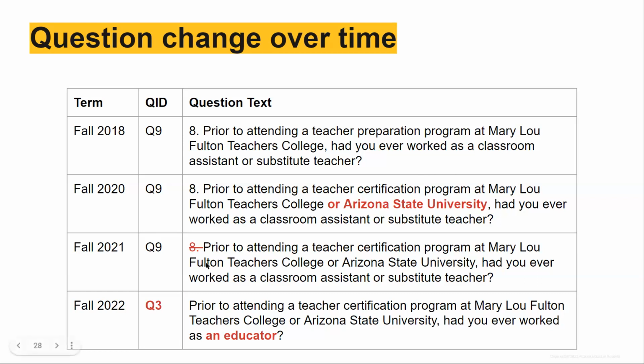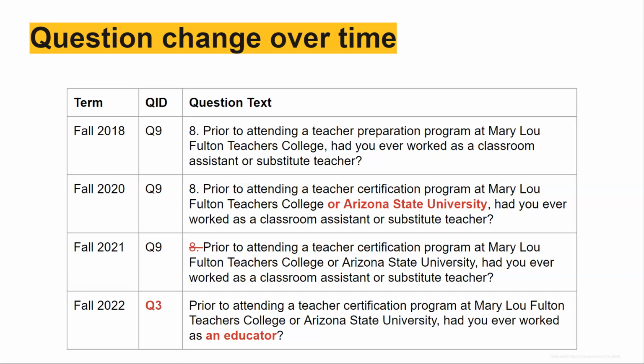And then a year later, they made a minor change, which is they stopped including the question number in the question. And then a year after that, they completely redid the survey, put all the questions in different orders, has a different internal question ID number, and they kind of broadened the last, instead of classroom assistant or substitute teacher, they just said an educator.